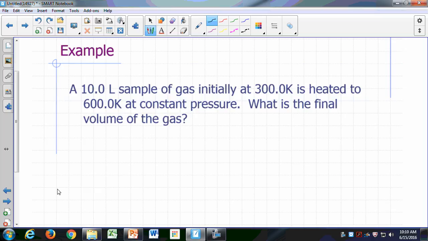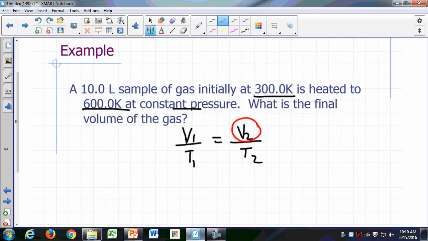So let's look at a simple example here. You have a 10-liter sample of gas, initially at 300 Kelvin. You heat it to 600 Kelvin at constant pressure. What will happen to the volume? You can see this is relating volume and temperature at constant pressure. So V1 over T1 must be equal to V2 over T2. What I'm looking for is the final volume.